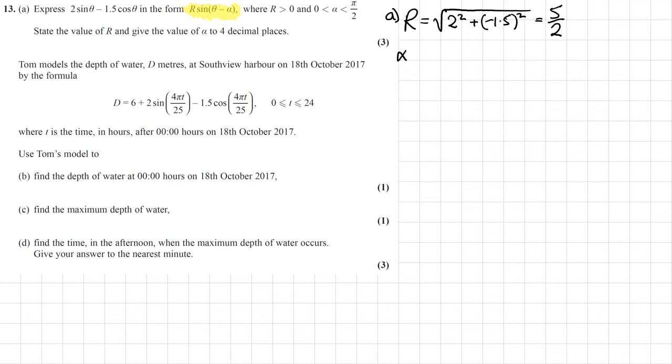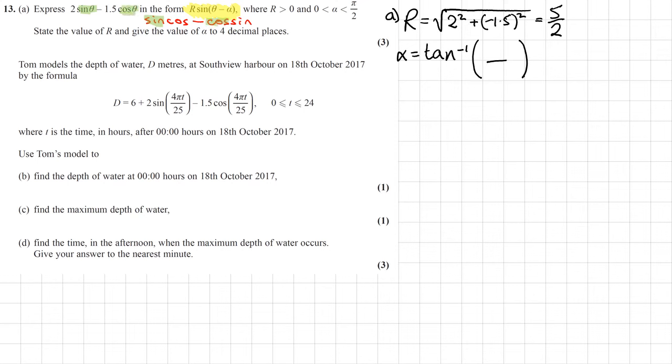And then for alpha, alpha is always equal to the tan inverse of one of the numbers over the other. How do we know which is which? Well, we're writing the form sine, so we need to think about what the expansion of sine would be if we were using one of the addition formulae. That would go sine cos, and then because it's a minus, it would go minus cos sine. That's what the expansion looks like. Now we have sine, and then a sine there, and a cos there.